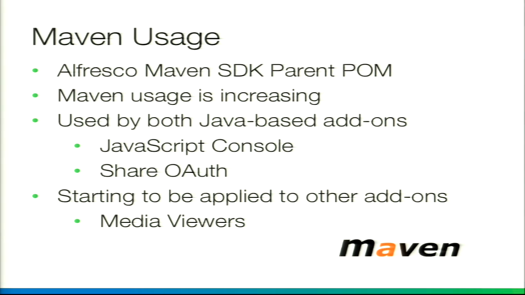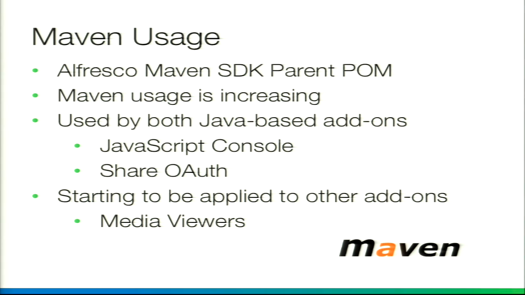Another change that we've made that has actually come from our migration to GitHub is increased use of Maven within the project. So we didn't plan to do this. Axel Faust, who's one of our partners in Germany, actually looked at the JavaScript console and made some changes in his own fork to use Maven to do the build of that.